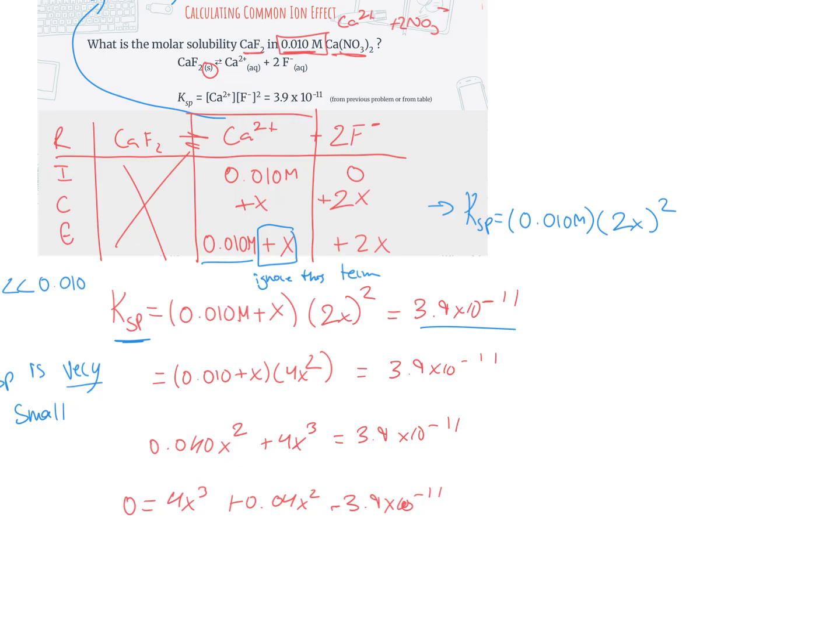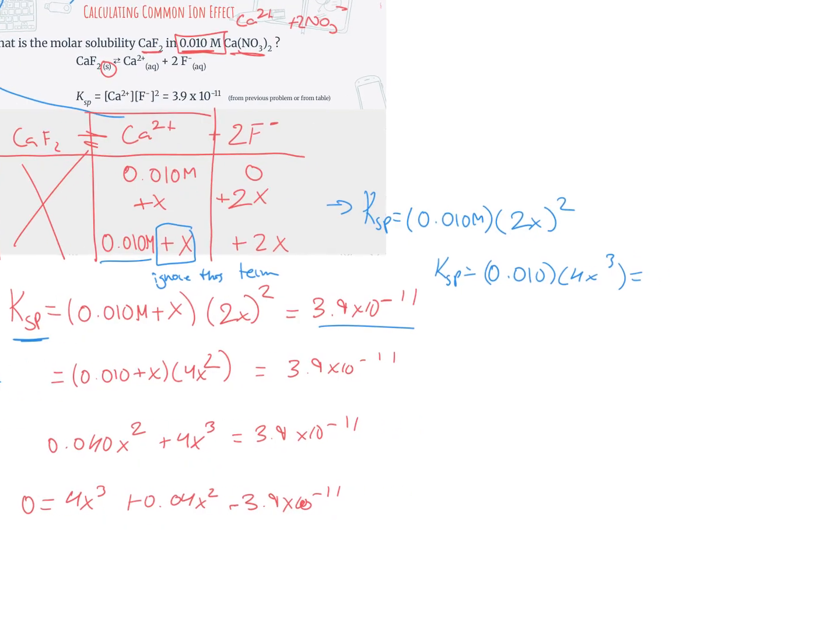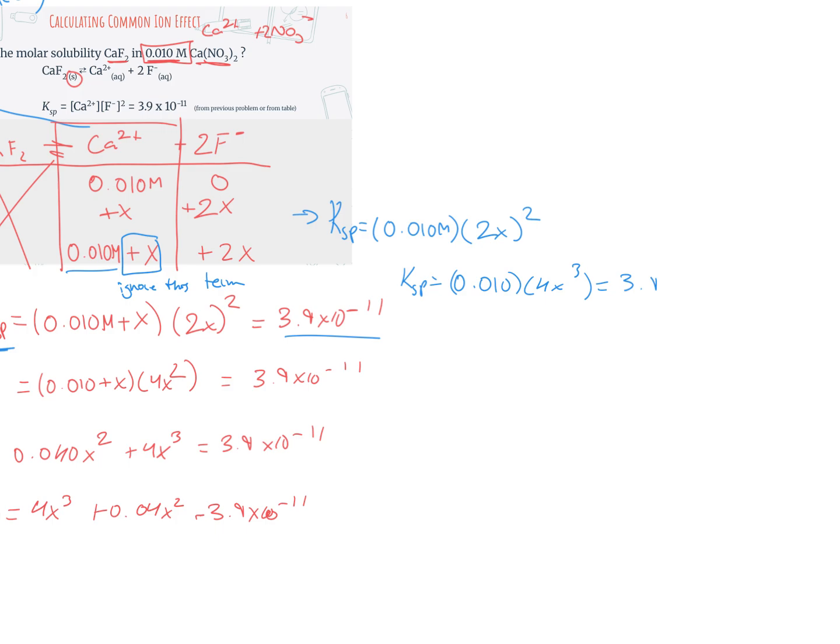And so now, KSP equals 0.010 times 4x cubed. All of this will equal 3.9 times 10 to the minus 11th, and all we're doing here is solving for x, and we find that x is equal to 3.1 times 10 to the negative 5th molar.